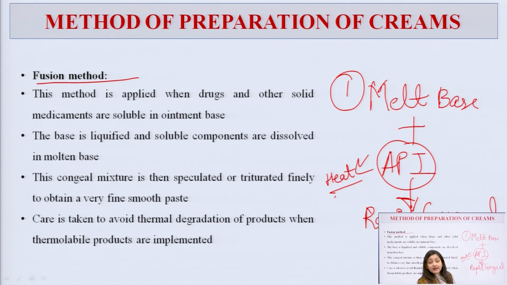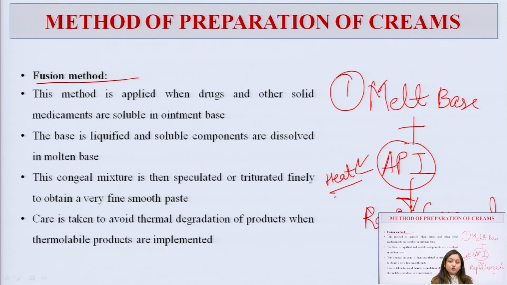Because if we add thermolabile excipients at this stage, that may cause decomposition of that product, or decrease the efficacy of that particular substance. Hence, in order to maintain the efficacy and potency of an API or any of the excipients, we do not add these substances during the hot stage, because that decreases the efficacy of the product.